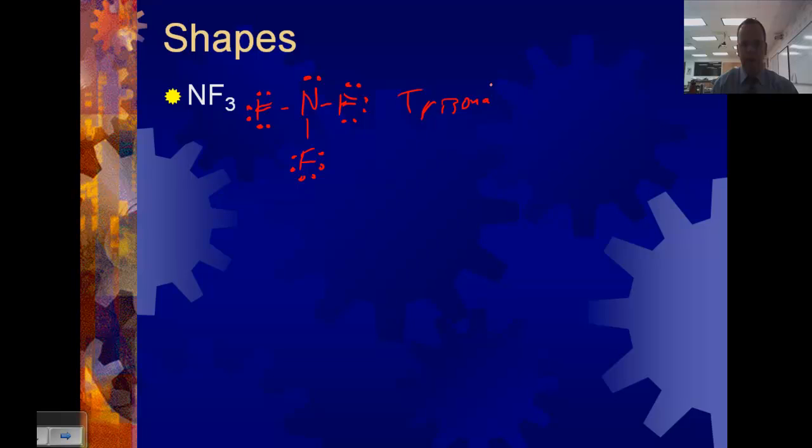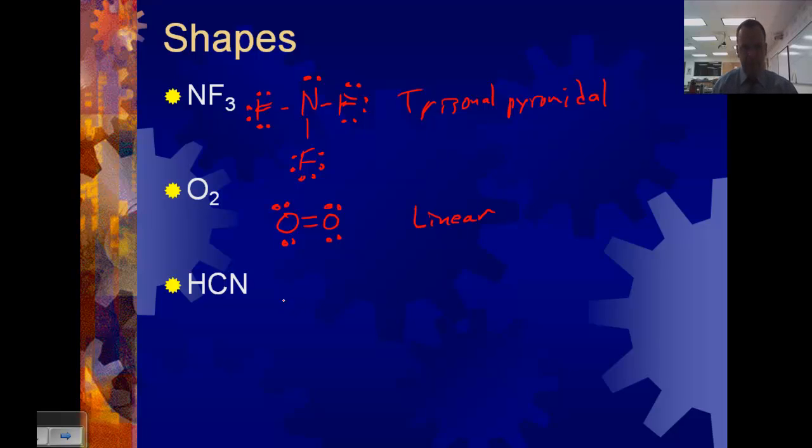So this is going to be trigonal pyramidal. O2, we draw the dot structure for O2. It ends up looking like this. Here we have only 2 atoms. This must be linear.